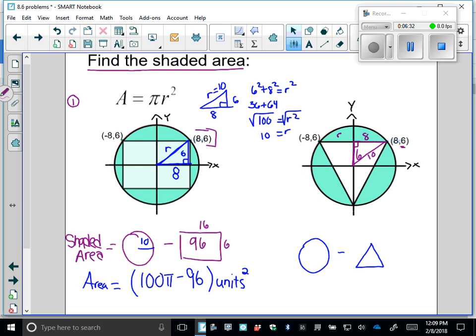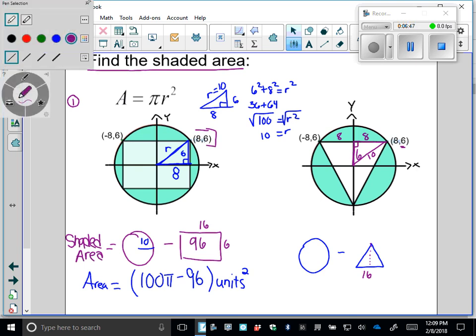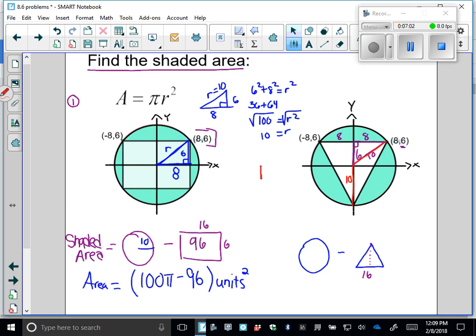So the base of our triangle is 16, but we have to figure out the height of the triangle. And the height not only involves the 6, but it also involves this distance here is the exact same as this distance here because it's still the radius. So the height of the triangle is the 10 plus the 6, which is 16.